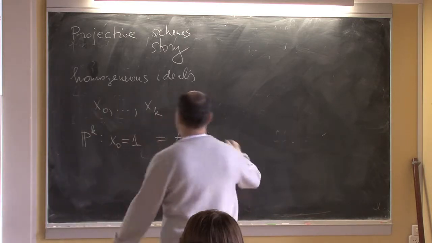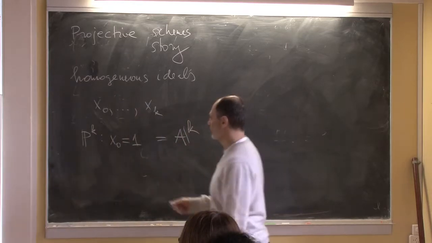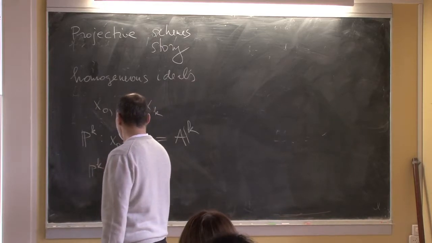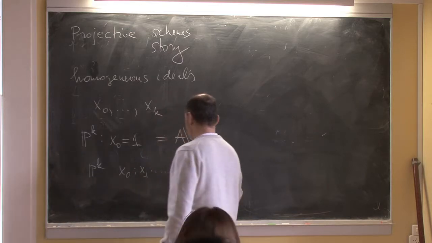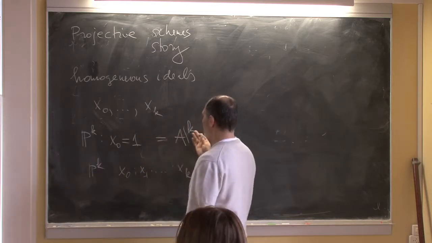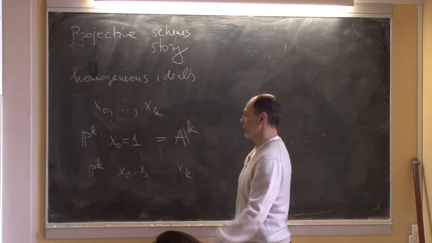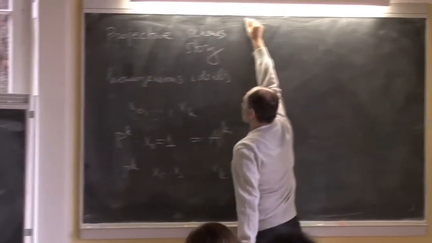But this way, you can set other variables to 1, and these are homogeneous coordinates, right? If you set one of them to be 1, so it cannot be 0, then you just get the affine space, and you get these affine charts.